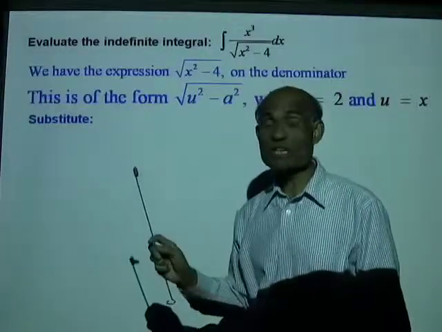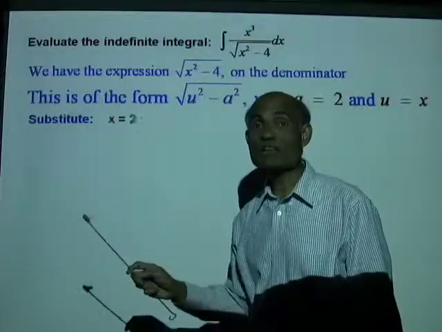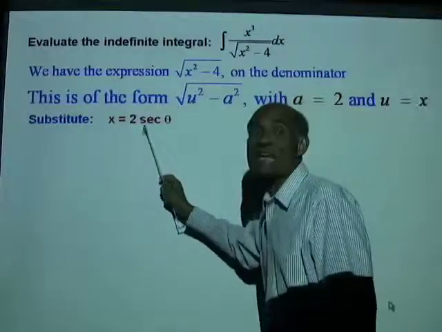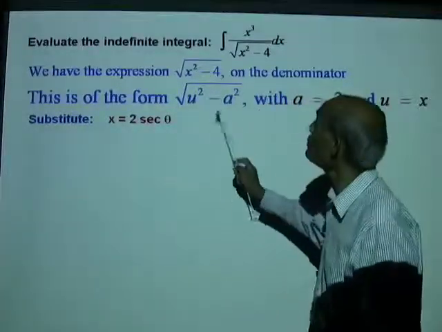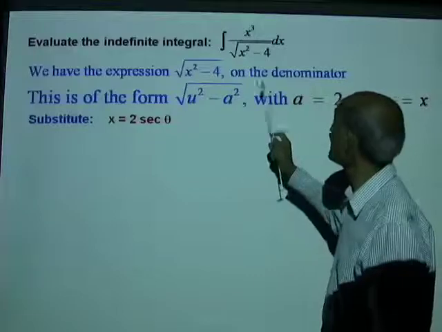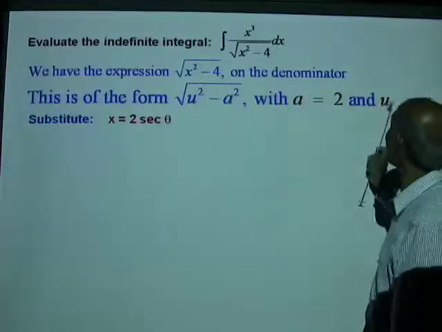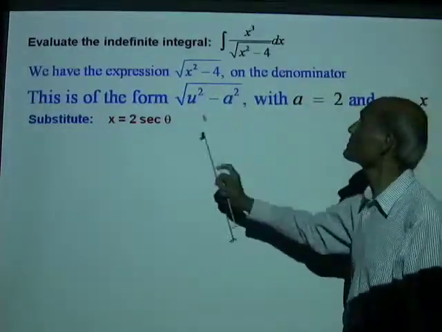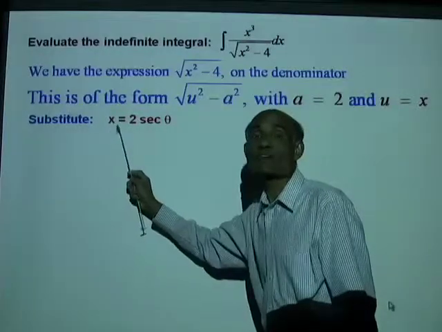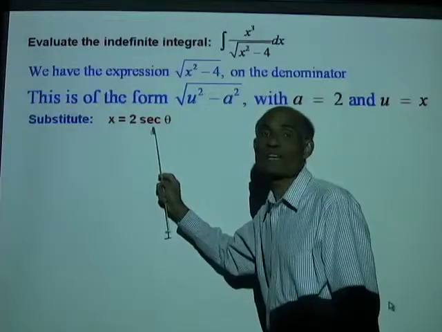Our substitution is u equal to a secant theta, with our u equal to x and our a equal to 2. So we write x equal to 2 secant theta.